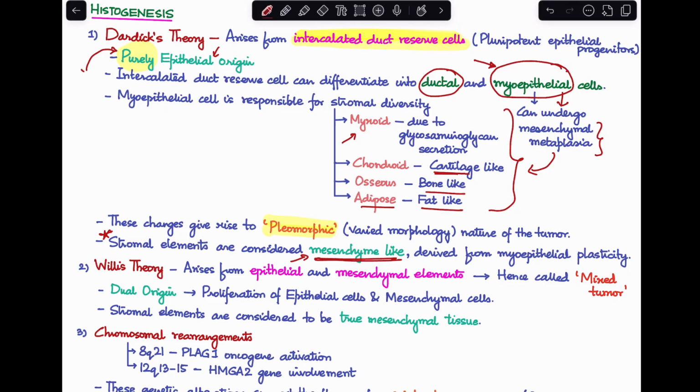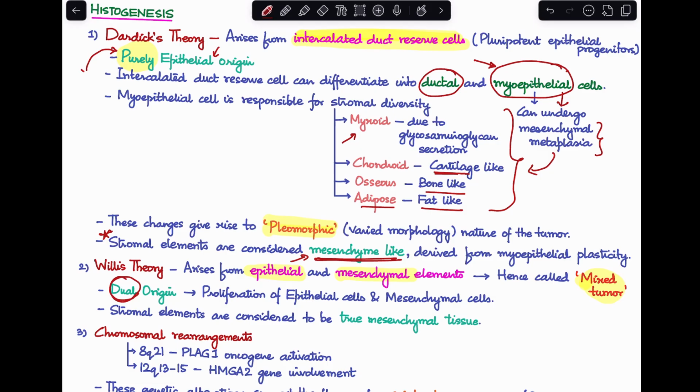The second theory is Willis theory. This theory is very different from Dardick's theory. It suggests that the tumor arises not only from epithelial elements but also from mesenchymal elements. That is the reason the term mixed tumor is used. Basically, they are saying that pleomorphic adenoma has a dual origin, epithelial cells as well as mesenchymal cells, unlike Dardick's theory, which was completely epithelial in origin.